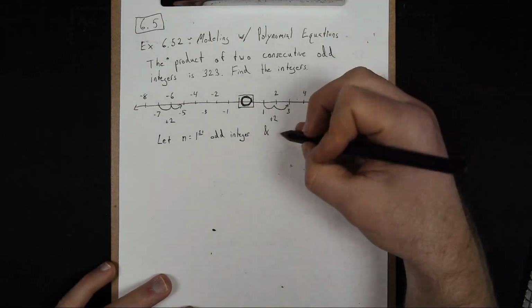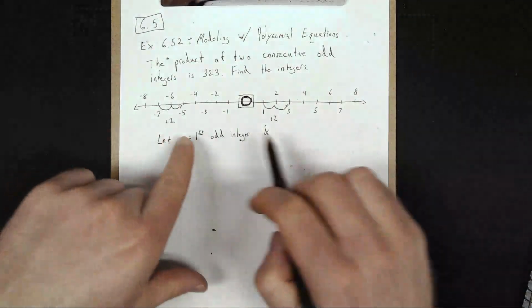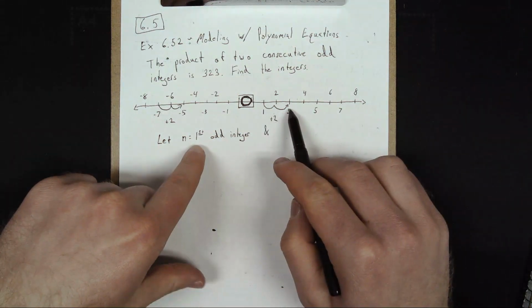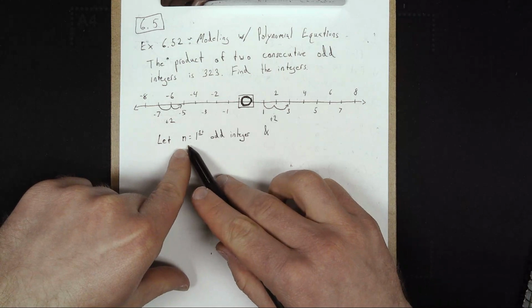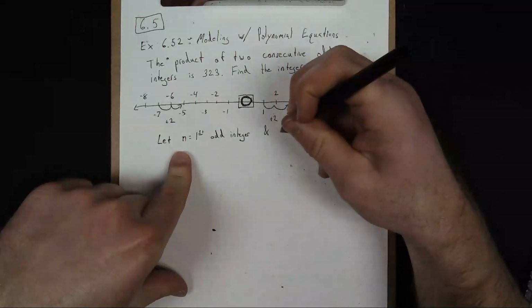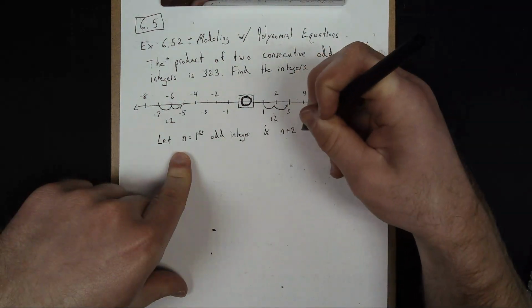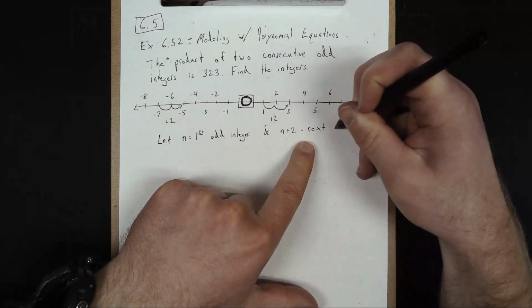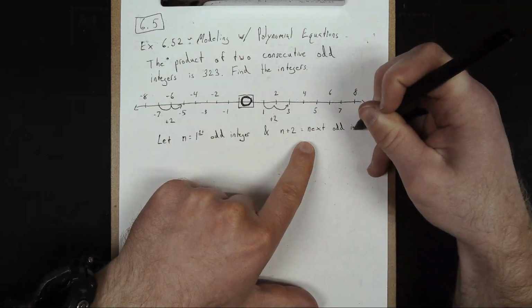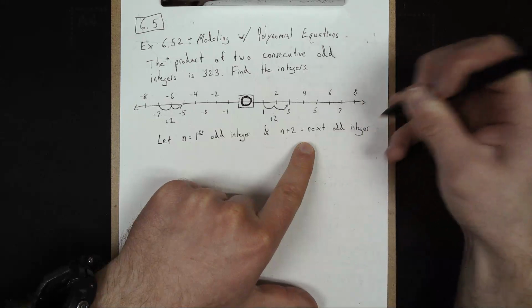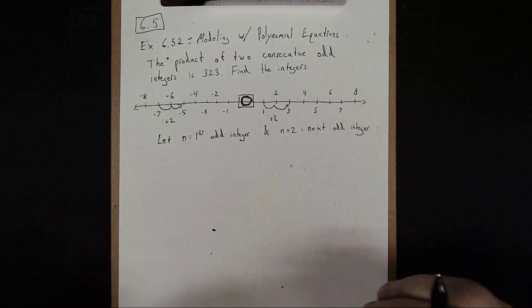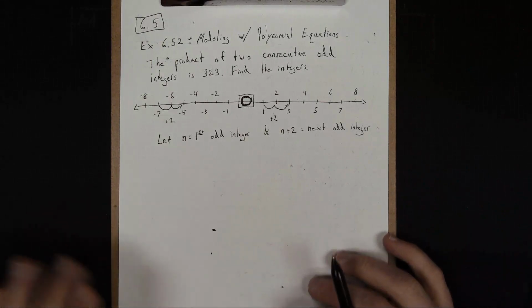And if we just add 2 to get to our next integer, if our first one is n, can't we just say n plus 2 is equal to our next odd integer? We're allowed to do that, right? n plus 2, next odd integer. n, first odd integer. All right.